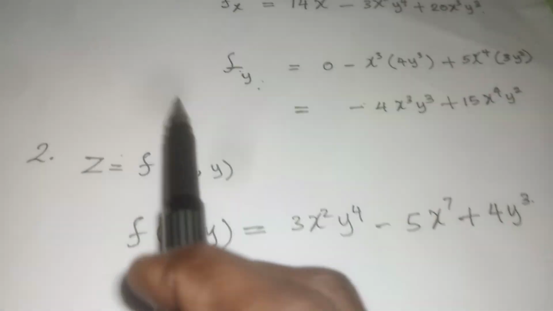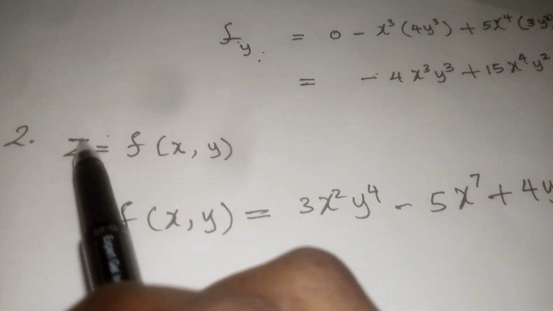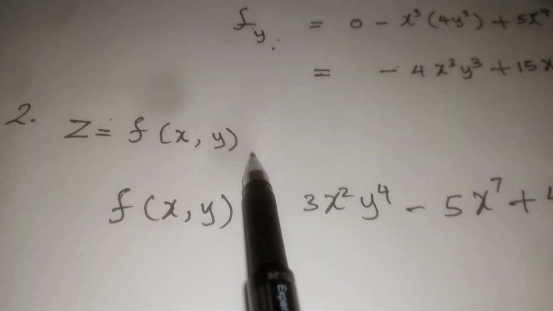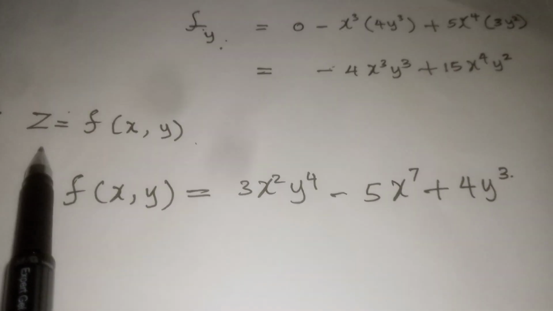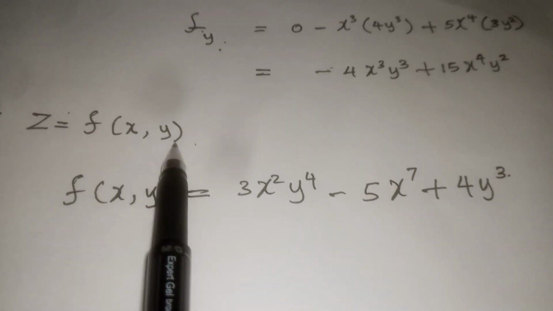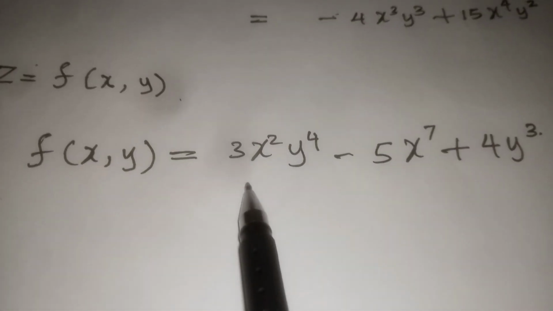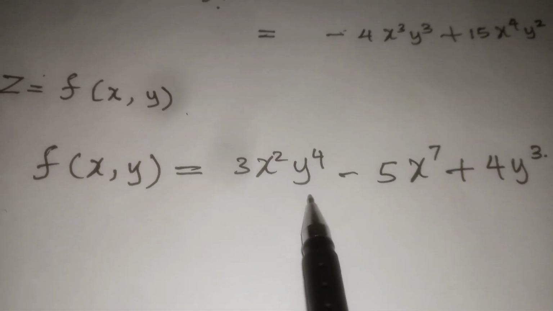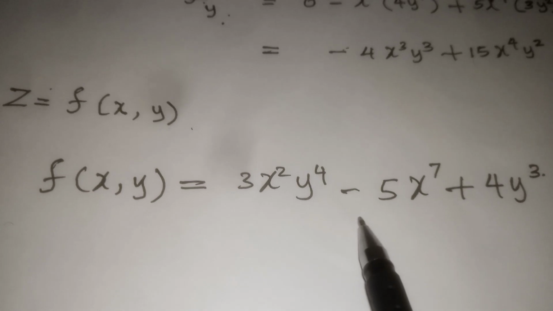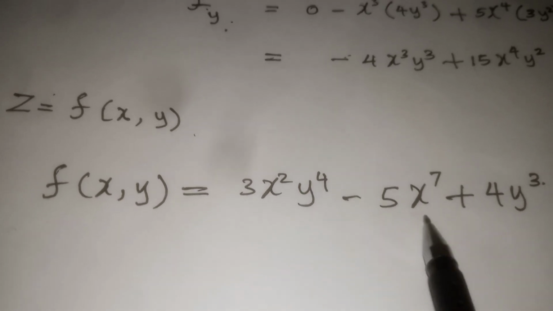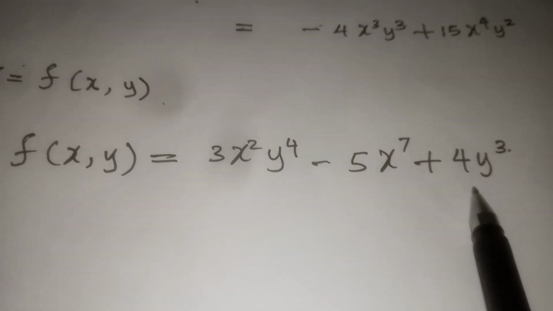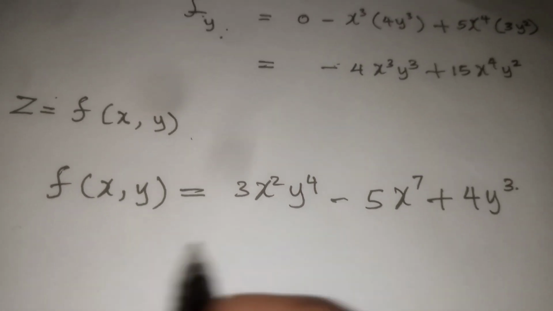But z is the same as writing f of x comma y. So f of x comma y is equal to 3x squared y power 4 minus 5x power 7 plus 4y power 3.